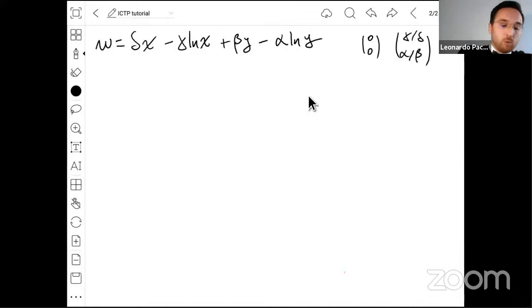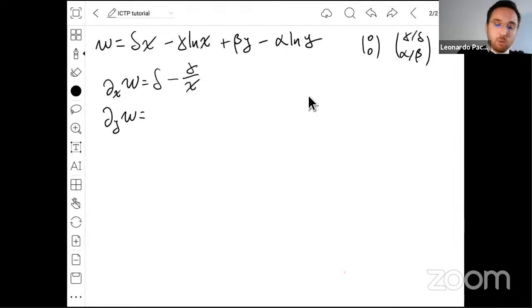So let's compute the partial derivatives of this function. You see that they are very easy to compute. For example, the partial derivative with respect to x will be delta minus gamma over x, and the partial derivative with respect to y will be beta minus alpha over y.